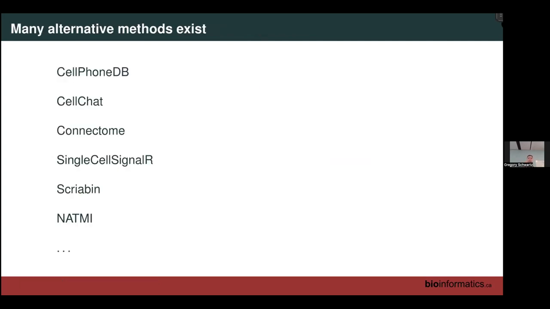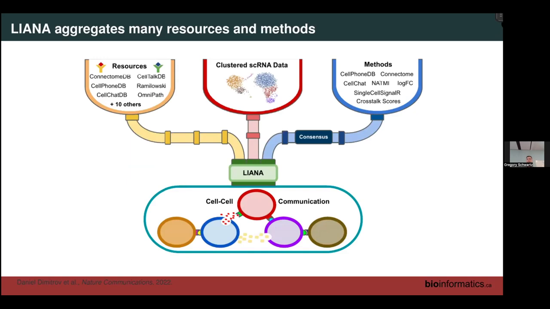There are many kinds of methods that do cell-cell communication. There's CellPhoneDB, CellChat, Connectome has one, SingleCellSignalR, Scribe, NATMI. There are many out there. So one of the other algorithms called LIANA attempts to create a consensus of all these communication algorithms.